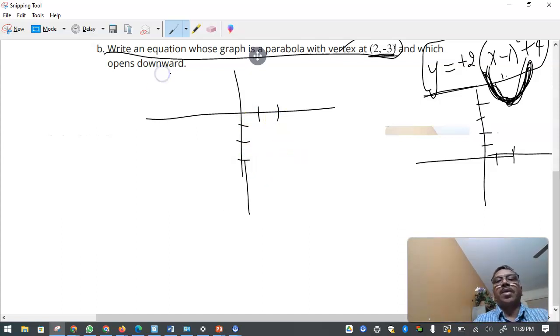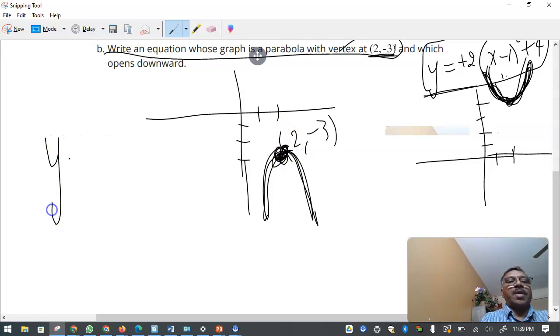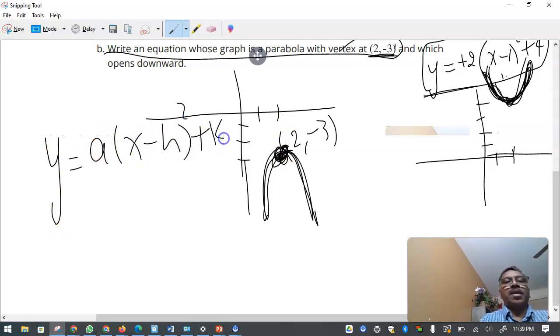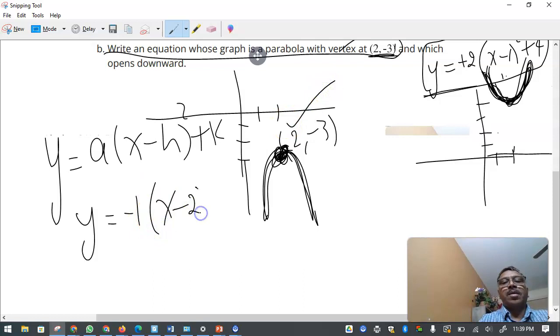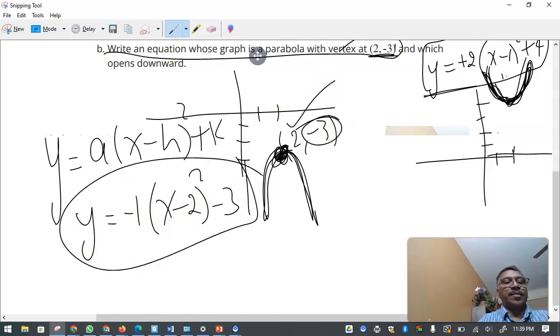But it's downward, right? So something like this. So that's like an h, k, which is 2, minus 3. So the formula is y equals a times x minus h squared plus k, and you just plug in maybe a is minus 1, and h is 2, so you put 2 squared and k is minus 3, and you're done. That's all you're supposed to do.